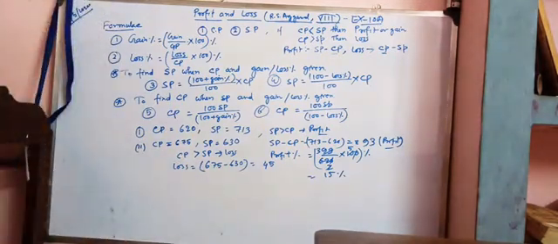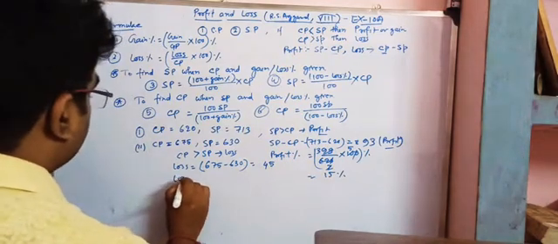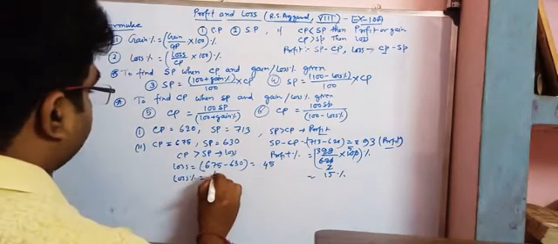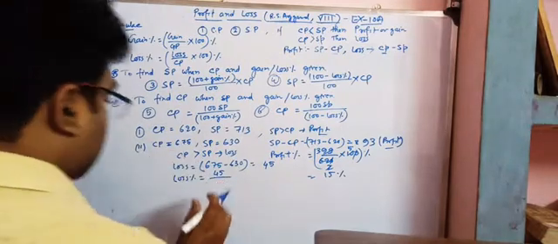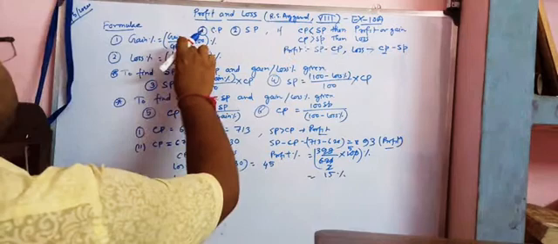Now again, if we have to find the loss percent, that should be 45 by CP. Everything should be measured on CP.